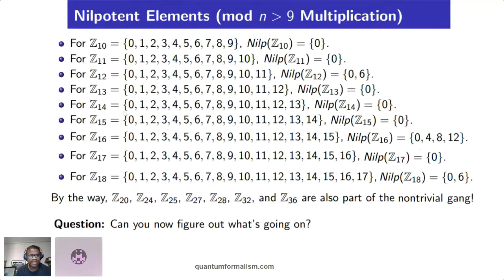So the claim is whether this operation, as defined here, makes this set, which includes this special element, into a semigroup structure. Who thinks that's the case?